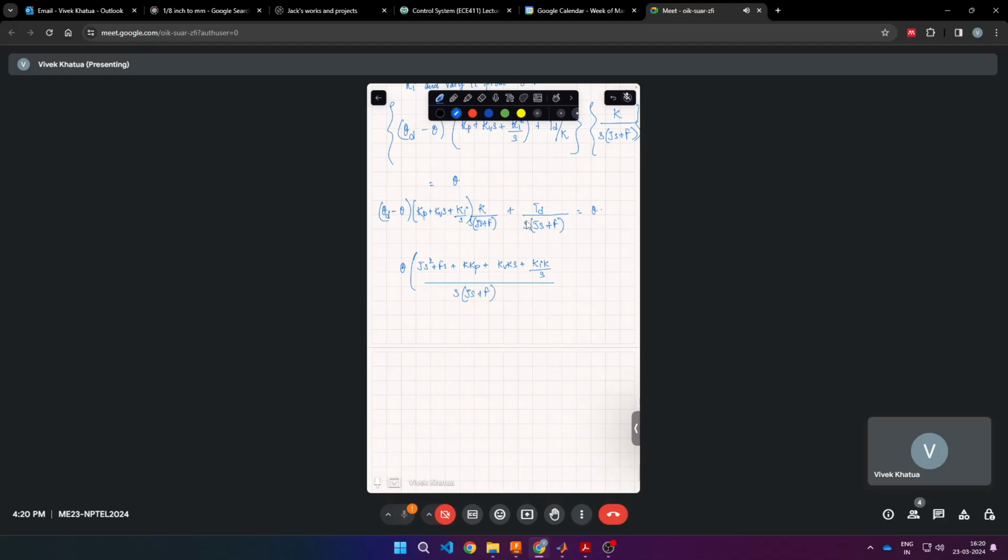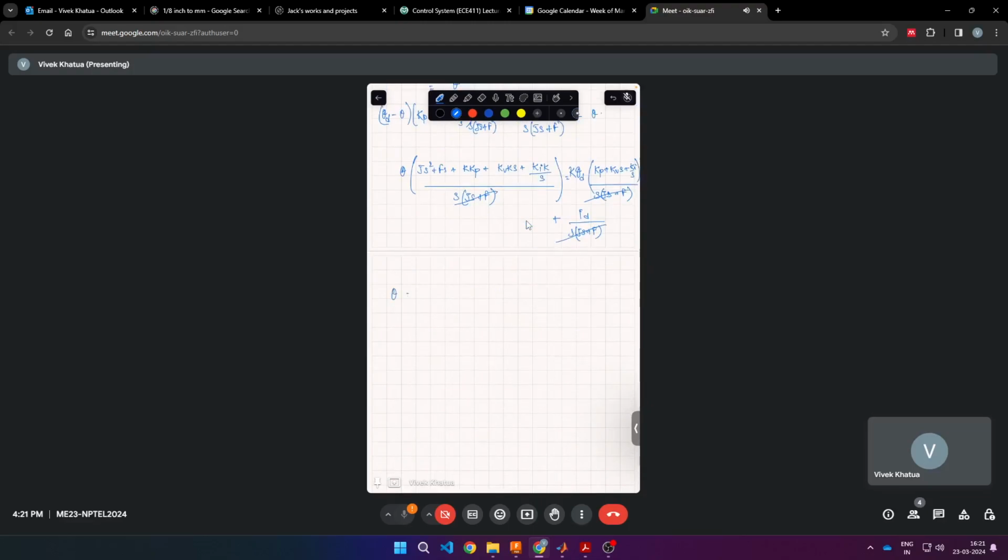So you can multiply and divide by s. Should we do that? Yes. Let it be. We'll just deal with it later. Theta d times (Kp plus Kv s plus Ki by s), right? Divided by s (Js plus f), K comes here, plus Td s (Js plus f). This goes off, right?